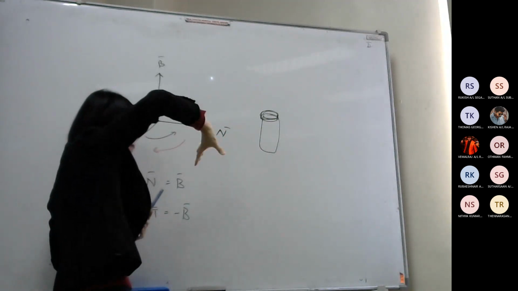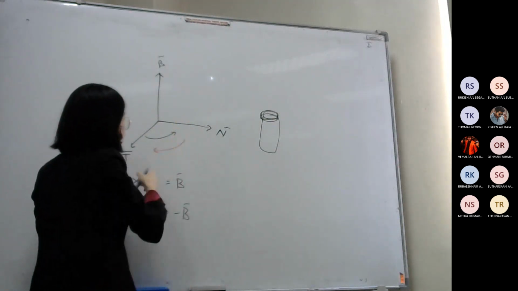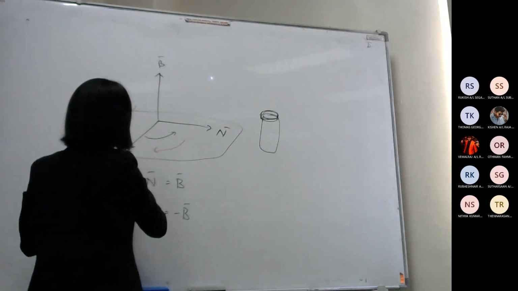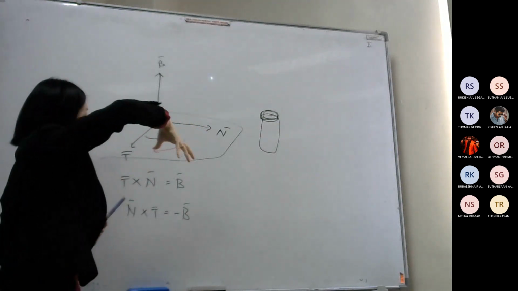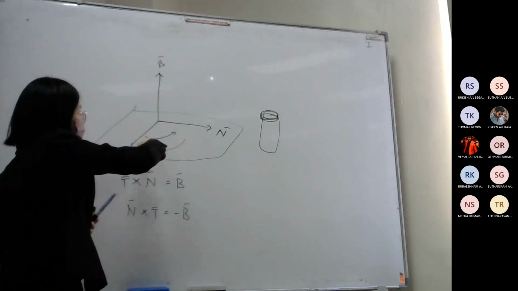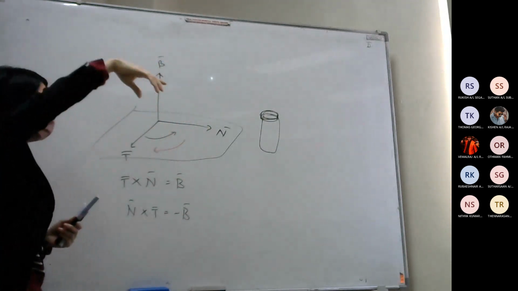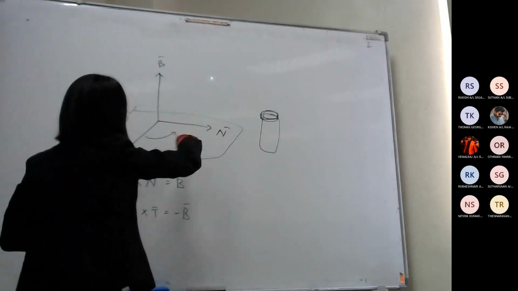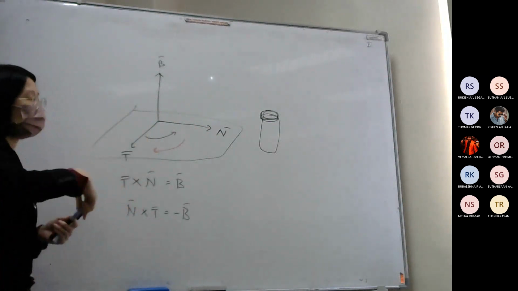If you turn in this direction, it goes up. So imagine T and N lie on a plane. T goes to N, that means this direction, so it goes up, like you are opening something. And N to T, in this direction, it goes down.